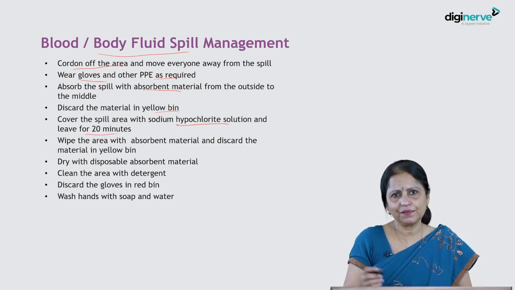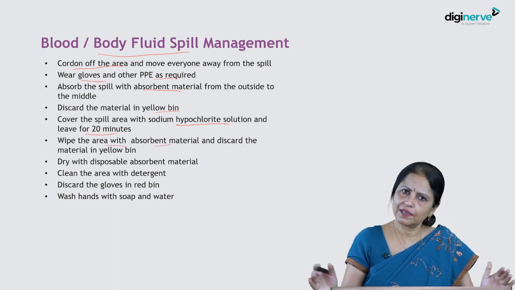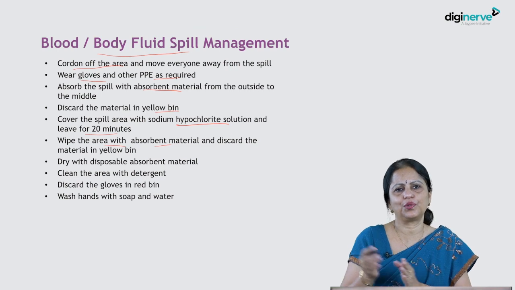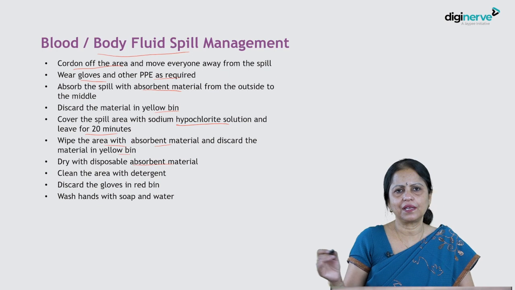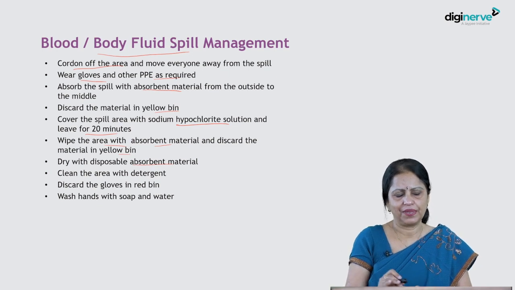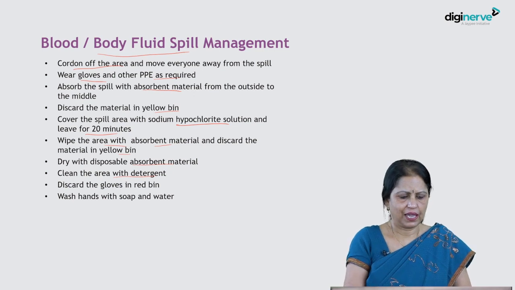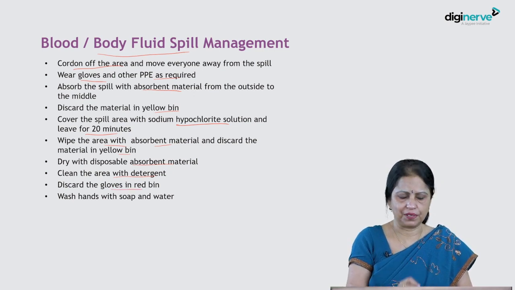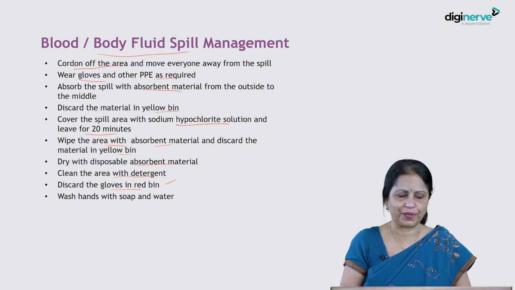After that, again with another fresh absorbent material, wipe off the area again from outside inwards and throw that in the yellow bin. Subsequently, dry with another fresh absorbent material, and then wash the area with detergent, and discard the gloves in red bin. If the gloves are recyclable, then discard that in red bin. And finally, wash the hand properly with soap and water.